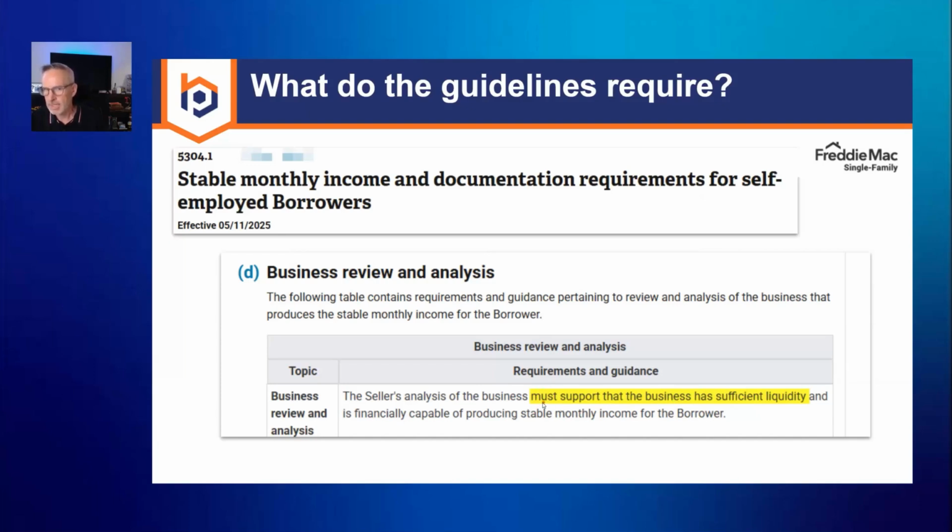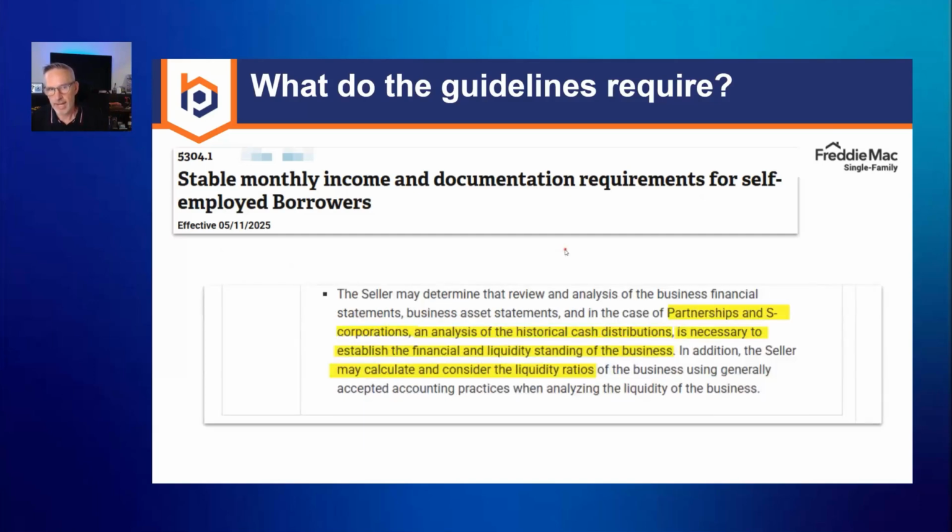No, must. So at the very top of the paragraph, requirements. Number 1, financially stable and able to pay their bills, right? That's what the liquidity testing is. Scroll down a little further and it says, okay, so I cut these up. They're on the same page. If you just scroll down on Freddie Mac, it would show up.